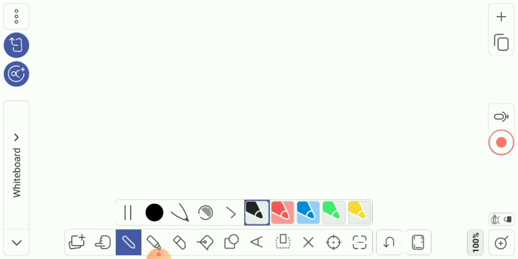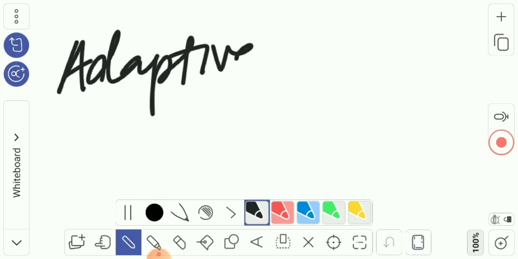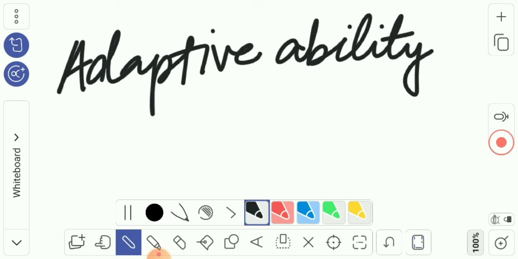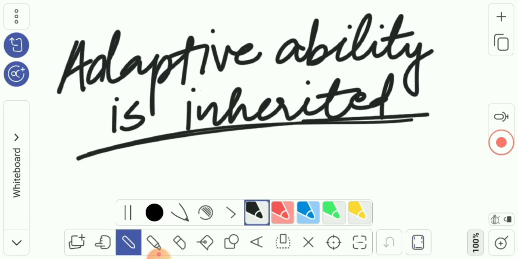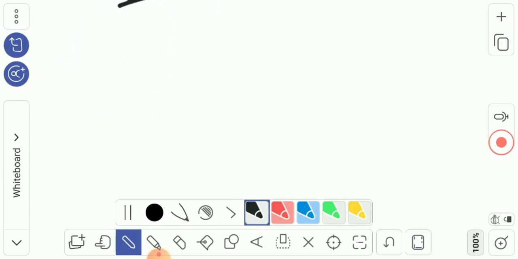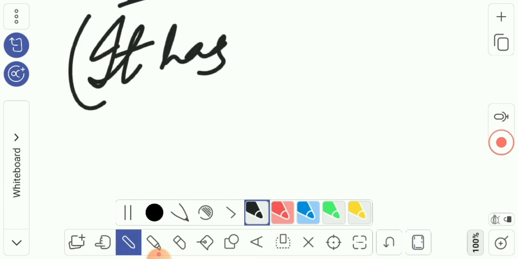Okay, and these continuous variations help the individual to better adjust towards the surroundings than others. Okay, so according to Darwin, the adaptive ability is inherited. Okay, remember this. And so it means it has a genetic basis.